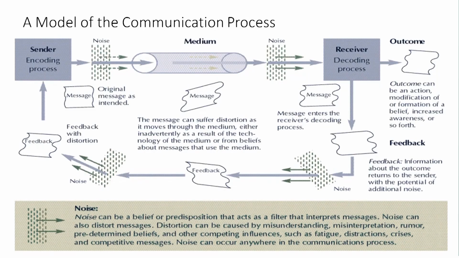So, there is a sending and receiving process. At each stage there will be encoding and decoding, and there will be disturbances created by noises through which the message will be transmitted and received. And then, of course, there is a whole feedback loop which is shown at the lower part of the diagram in front of you.